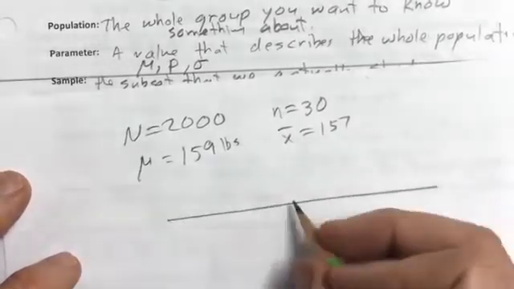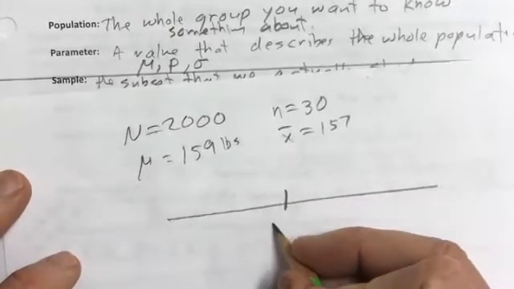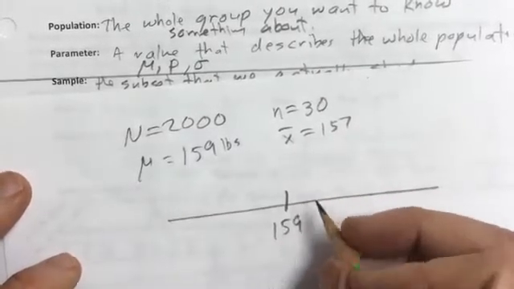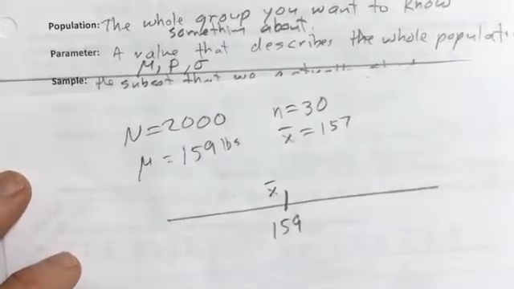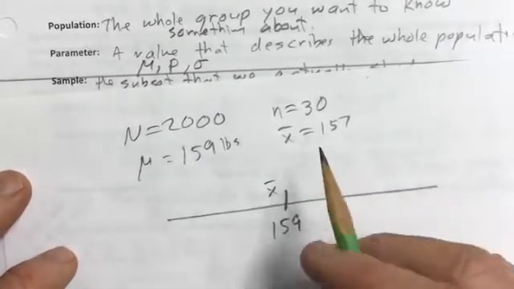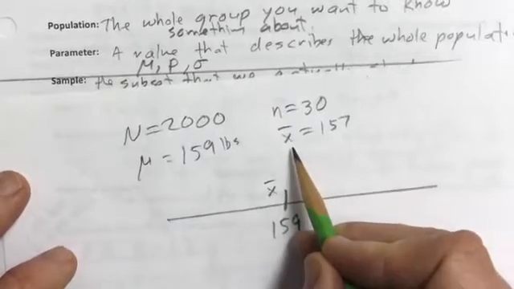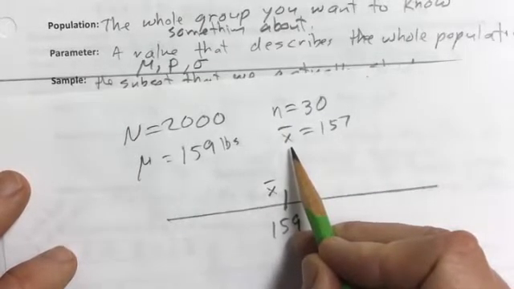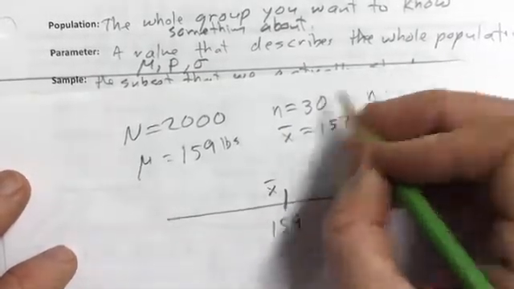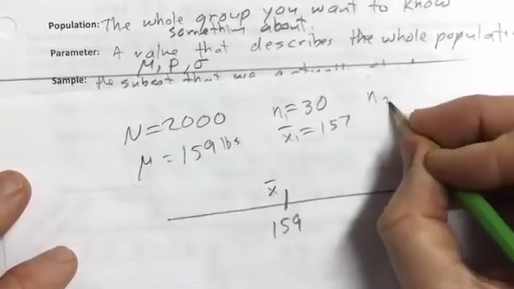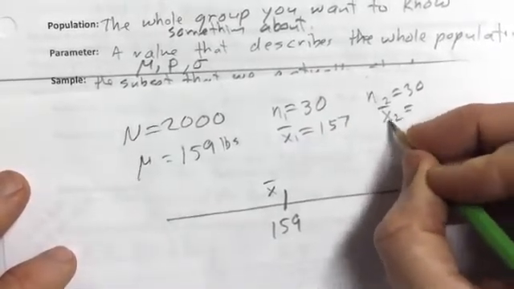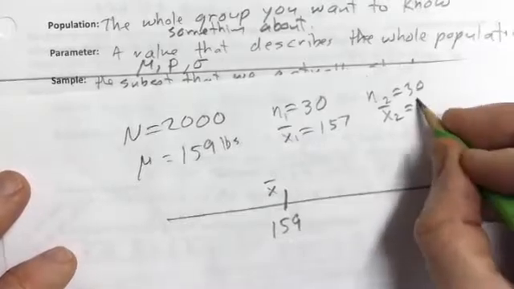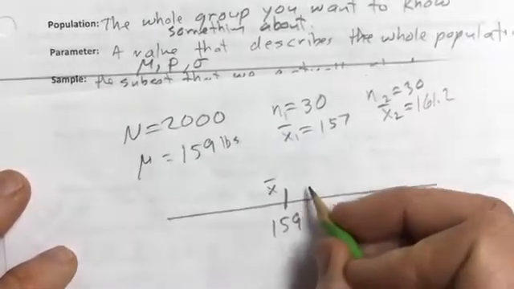So what's happening here? Here's the true population value. The parameter is 159, and then the X bar, in this case, is down here. But anytime you get a sample value, you say to yourself, well, if I had taken another sample of size 30, and I weigh them and find another sample mean, X bar, I'm going to get something different, maybe 161.2 pounds. So that's up here.